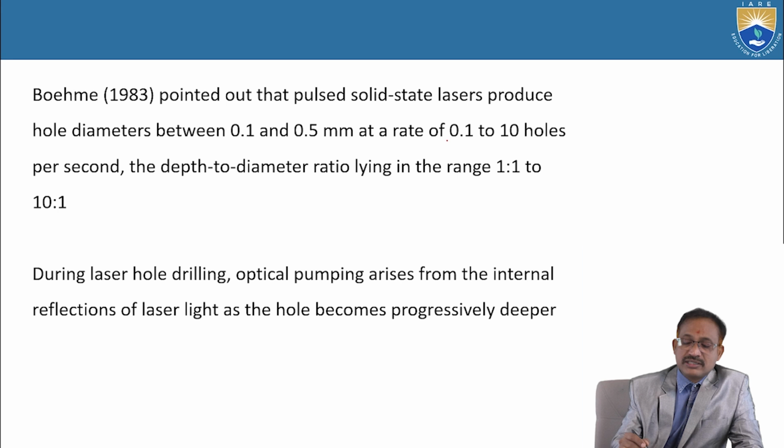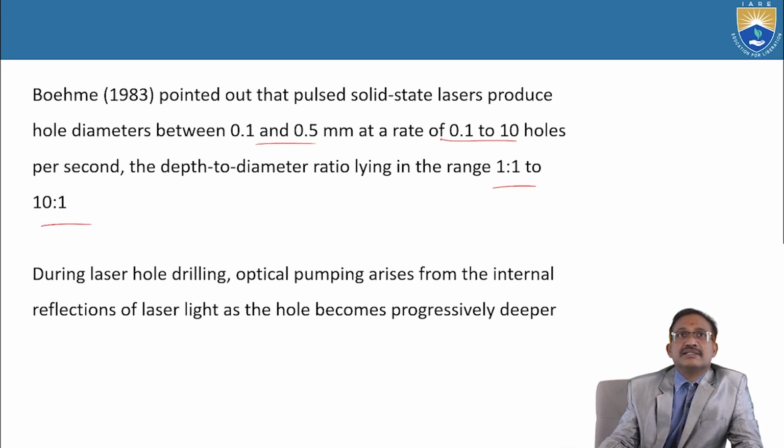All these are numericals that we can understand. But the important one here is 0.1 to 10 holes per second, so these many holes we can make in 1 second, with a diameter of 0.1 to 0.5 millimeters.